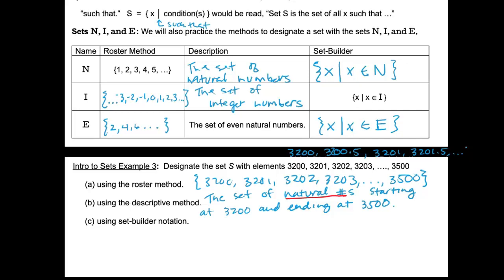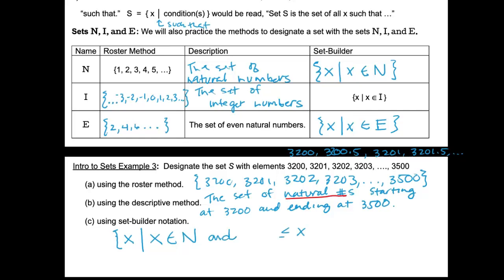And then lastly, let's look at set builder notation. So I'm going to use a curly bracket and an X and a vertical line, and I'm going to use notation for the natural number part. So I'm just going to say X is an element of N because it's a natural number. But then I also have to be more specific. I'm just going to say and X is between.